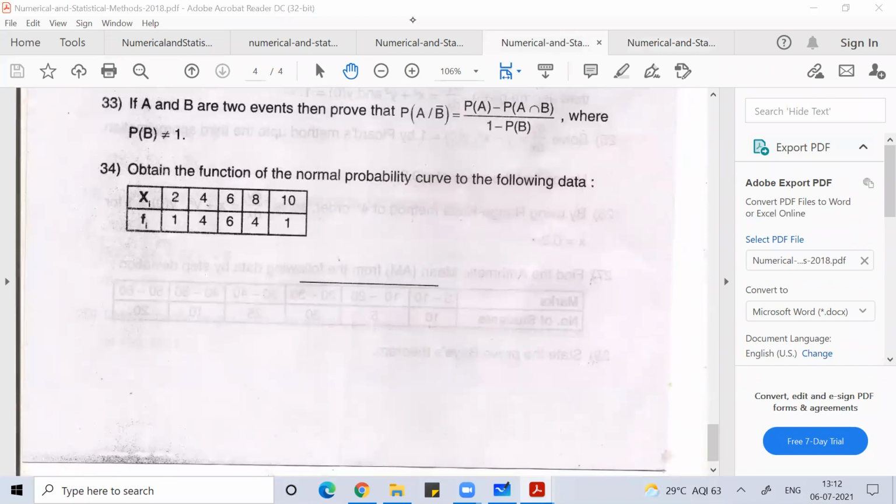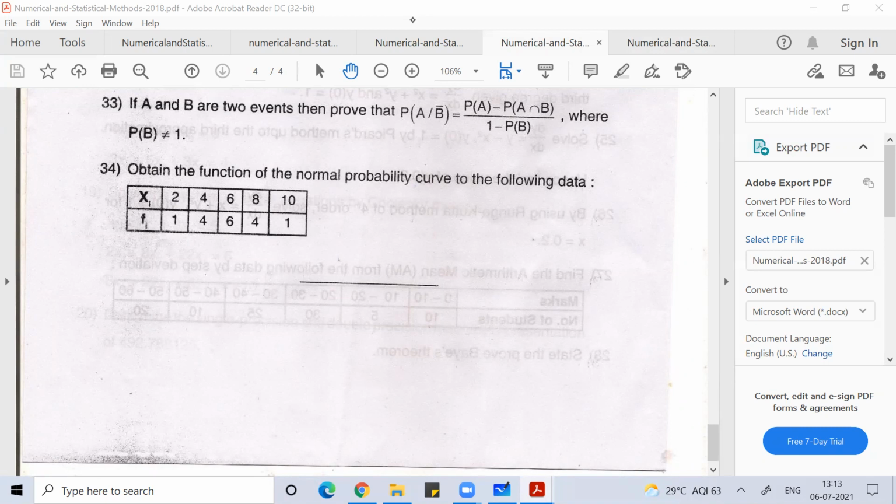Like if you see this question number 34, obtain the function of the normal distribution curve for the following data. We'll find the mean and standard deviation. We know how to find the mean and standard deviation when we have frequency and class mark values. The summation of fx by summation of f will give you the mean, and the square root of summation of fx square by summation of f minus summation of fx by summation of f whole square will give you the standard deviation.